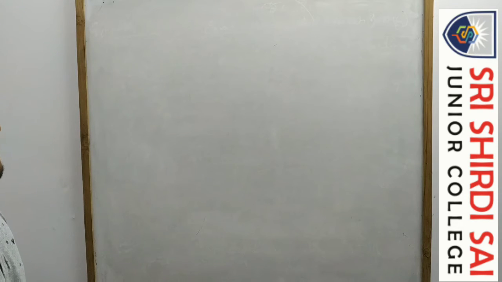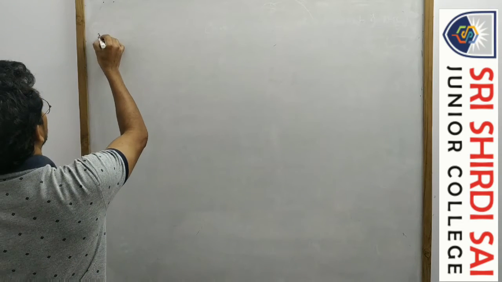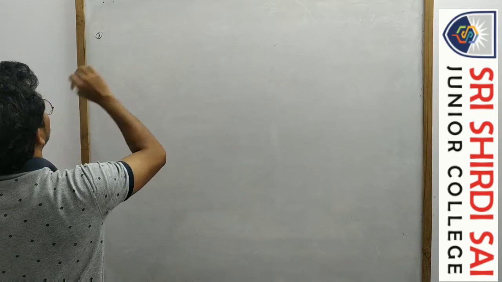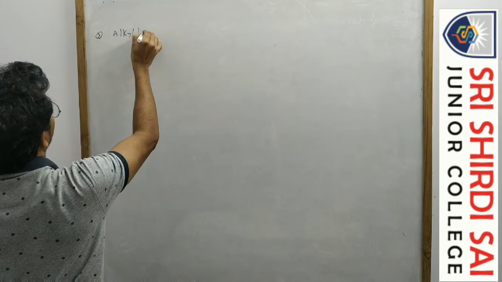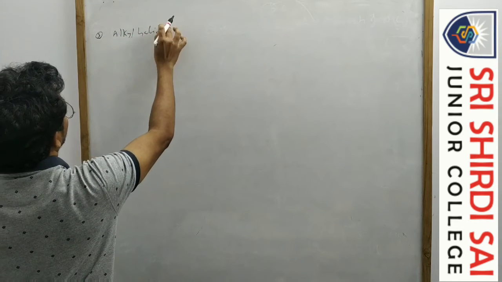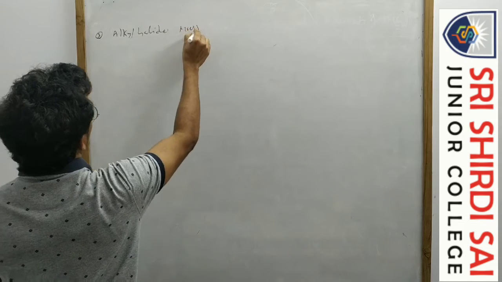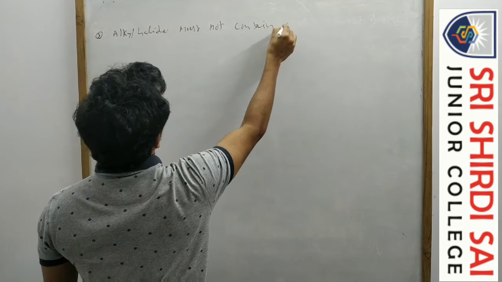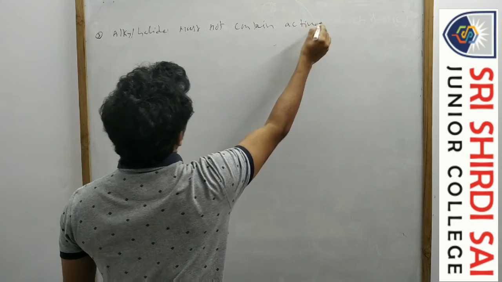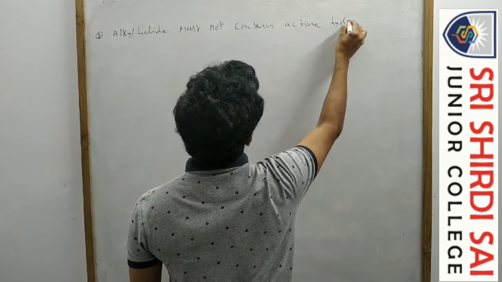So next, the third limitation. The alkyl halide must not contain active hydrogen.